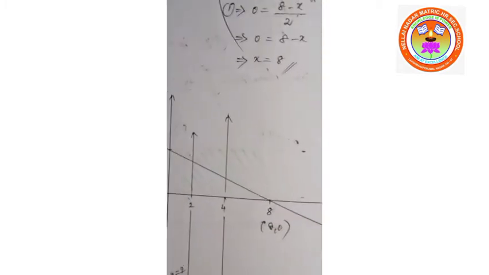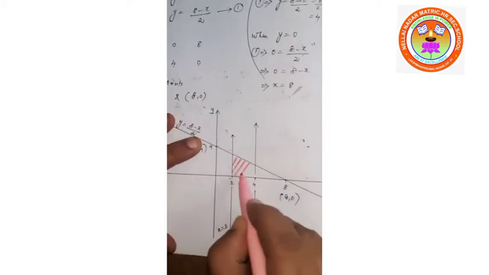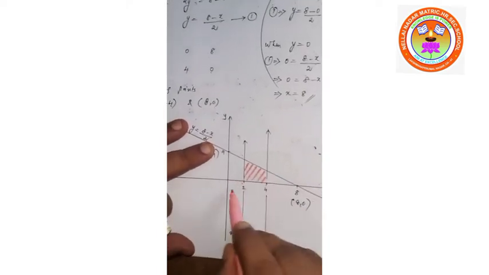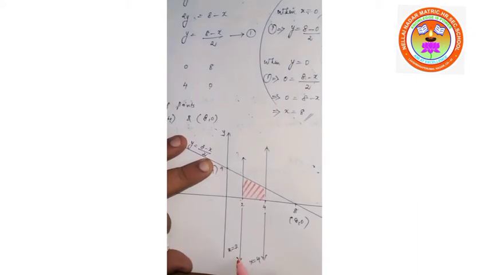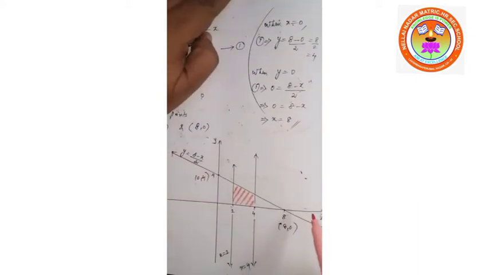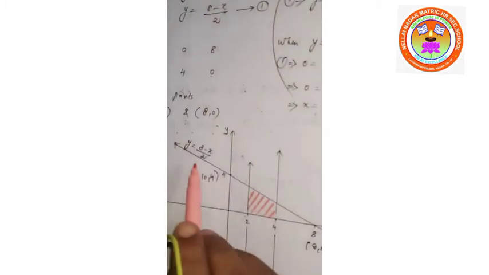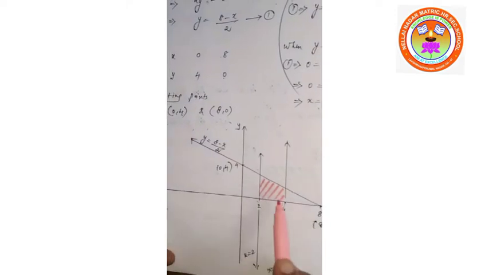Now we have to find out the closed region. Here is the closed region, correct? One side is the given line x equals 2, one side is the given line x equals 4, one side is the x-axis, and one side is the given straight line y equals (8 minus x) by 2. This is a closed region.